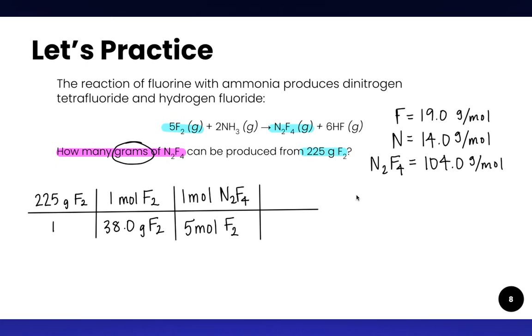That number is going to go on the top. Okay, so now we multiply everything on the top, do everything on the bottom. We're going to check our dimensional analysis, make sure everything cancels.